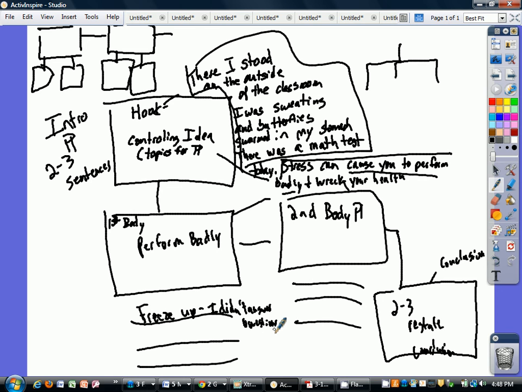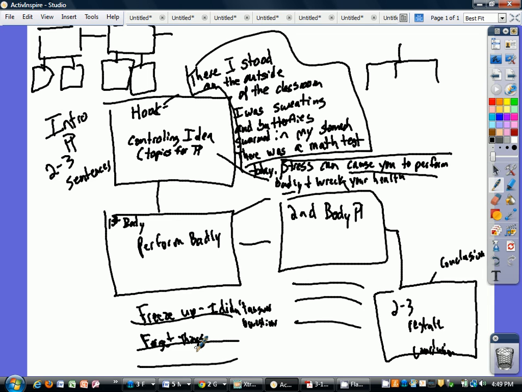Okay, so after I freeze up, what else does a test cause you to, or stress cause you to do? Stress not only causes you to freeze up, it causes you to forget things. I knew every formula. Couldn't think of them on test day, and you throw that out there.